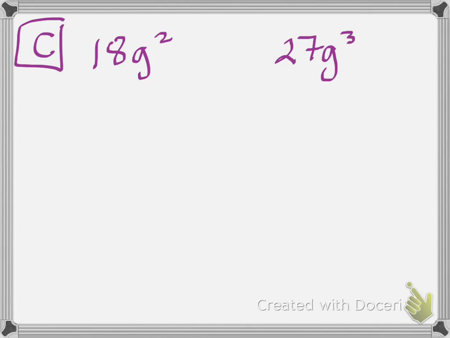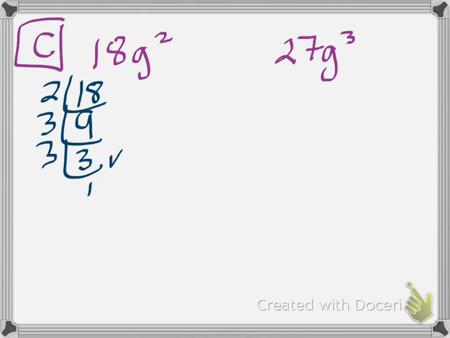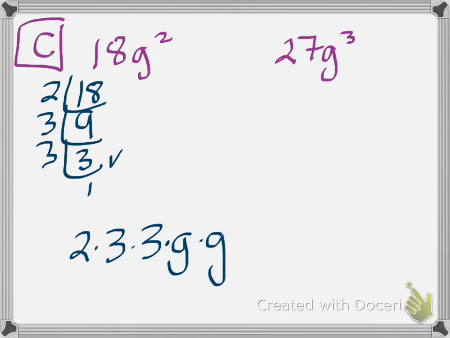Let's try one more. 18g squared and 27g to the third. 18 is too big for me to just do it in my head, so let's set up the prime factorization. So 18g squared is 2 times 3 times 3, and then I have 2 g's. 27, let's do the tree. 27 is 3 times 9.